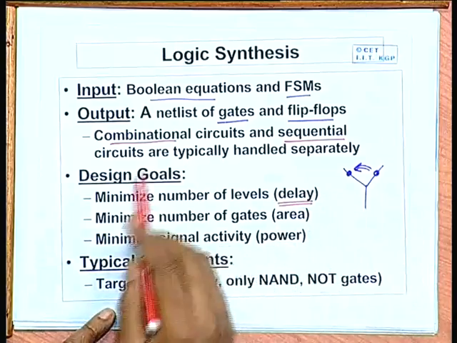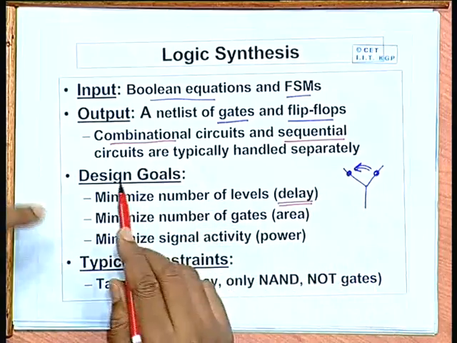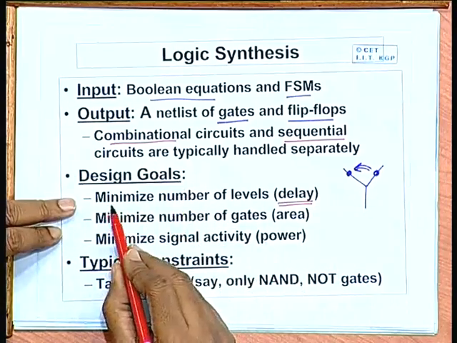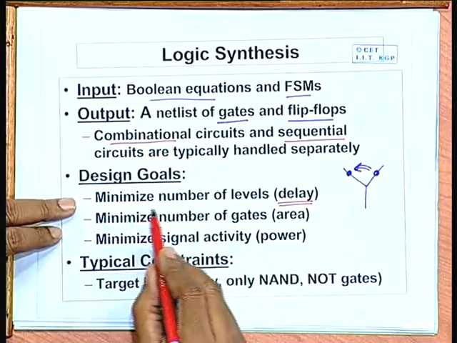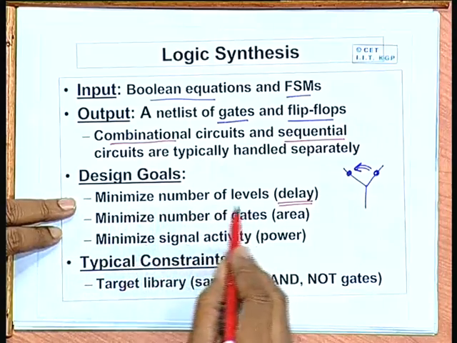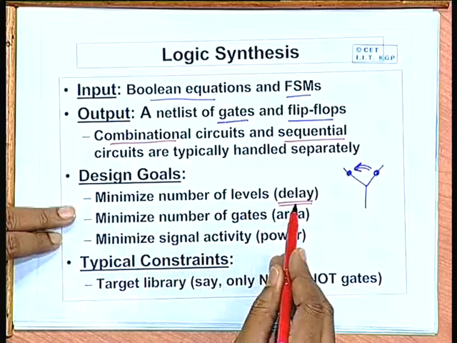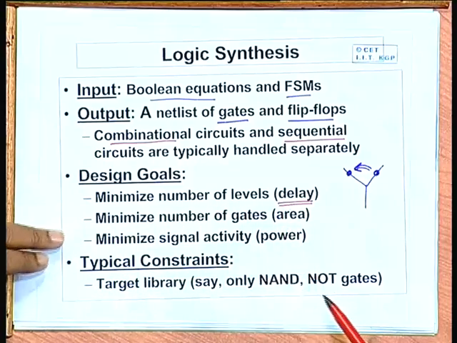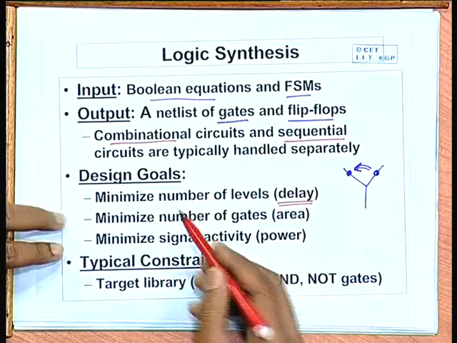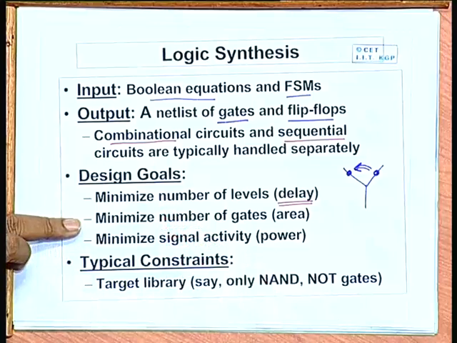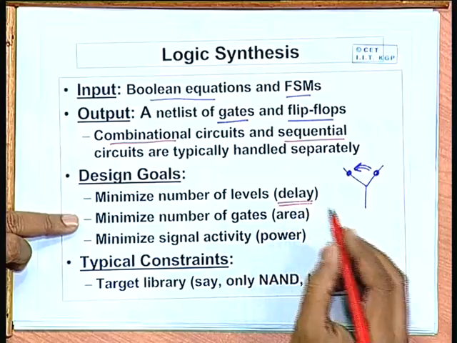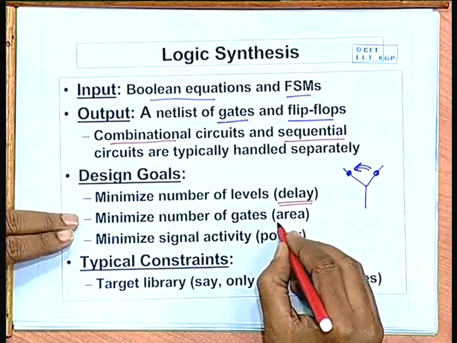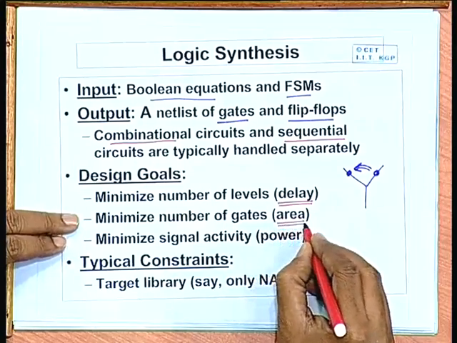So, here, if it is a combinational circuit, your design goal will be to minimize the number of gate levels. As you reduce the number of levels, the total delay of the circuit will also reduce. Another alternate design goal may be that I am not that much interested in delay, but I am more worried about area.